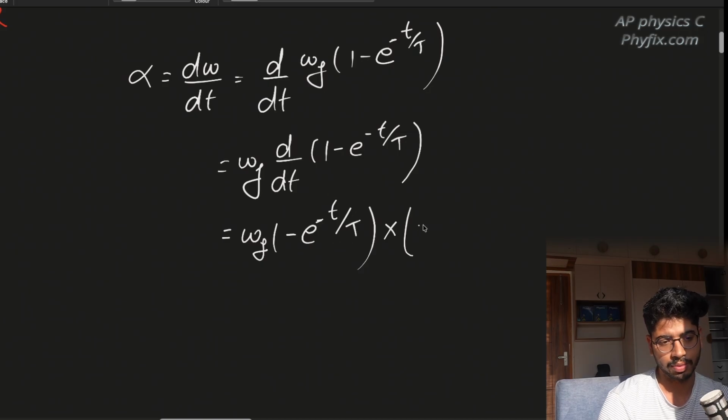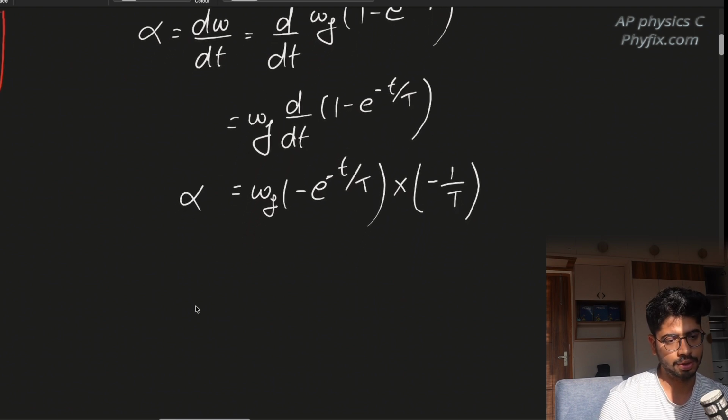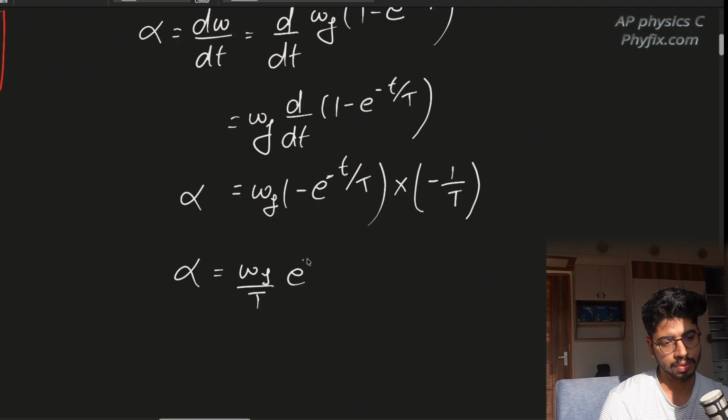If I differentiate the upper part, I will get 1 by T, because I'm differentiating with respect to small t; capital T is just a constant. So this is alpha. Ultimately the alpha expression comes out to be omega f by T e power minus.